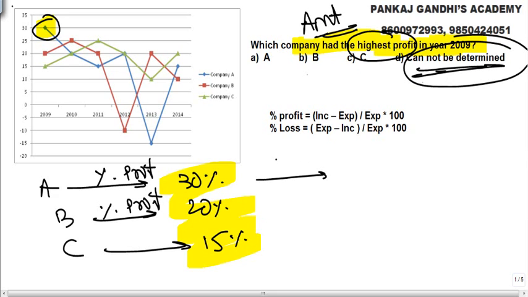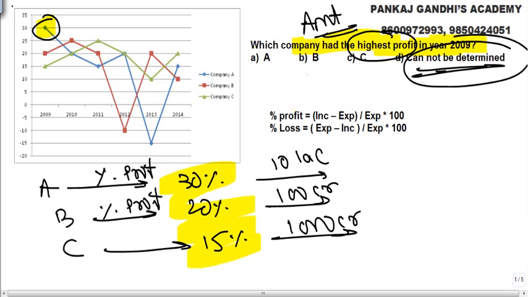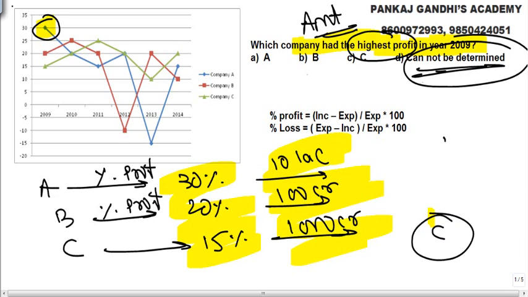Simply it may happen. Look, what percentage profit means is on 100 rupee cost or expenditure, it may have happened A sells only 10 lakh ka things, B 100 crores and C 1000 crore. In this case obviously C will have highest. It may happen 100 crore, 5 crore, 2 crore.